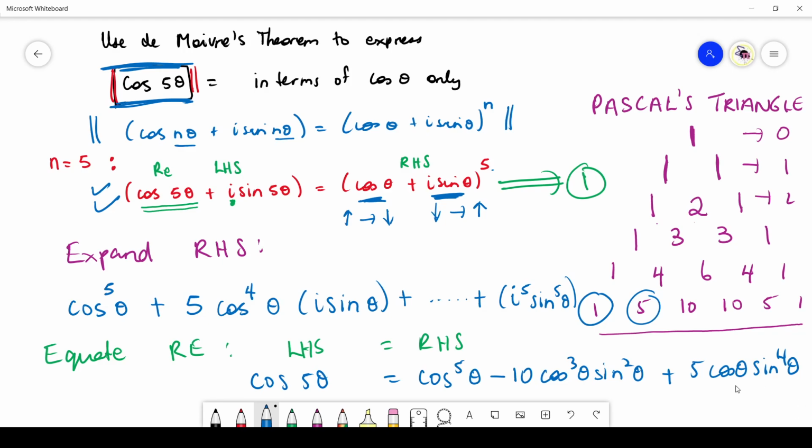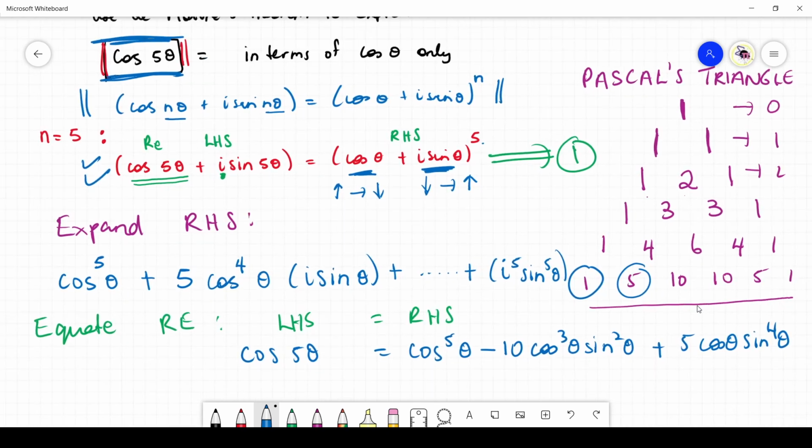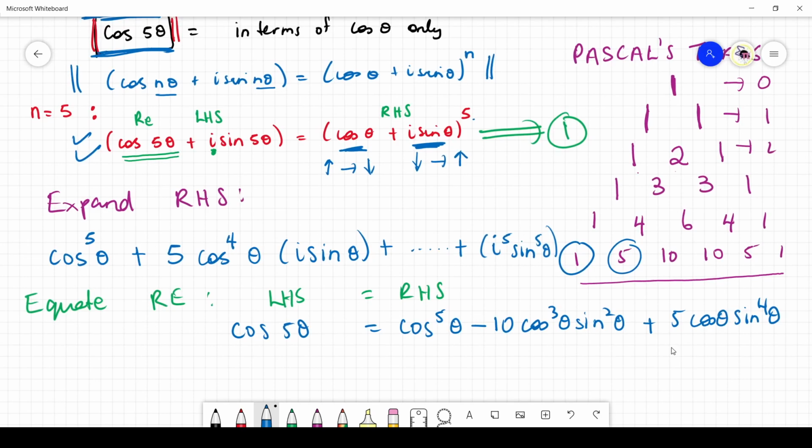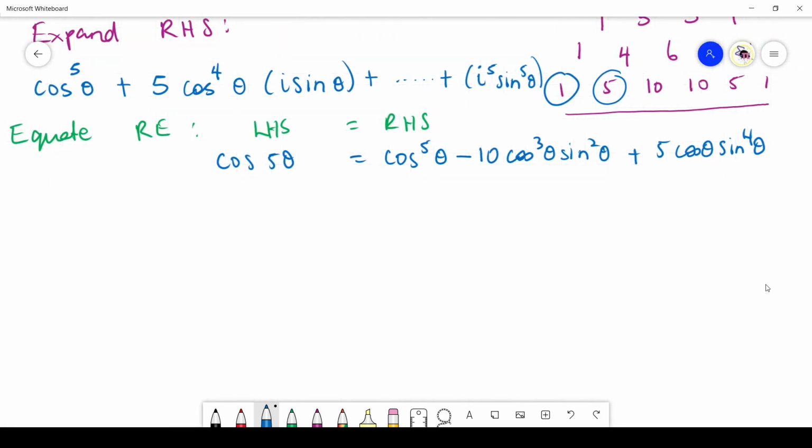And one thing you really need to be strong on when you're doing these questions involving De Moivre's theorem is that you really need to know your trig identities. Because remember, the question wants the answer only in terms of cos theta, and you can see the presence of sine squared theta and sine squared theta all squared again.